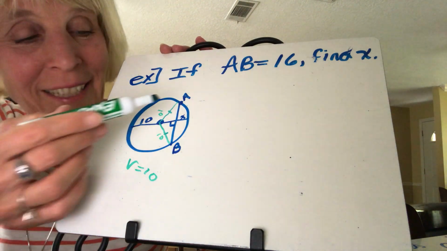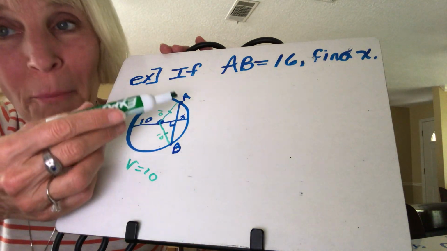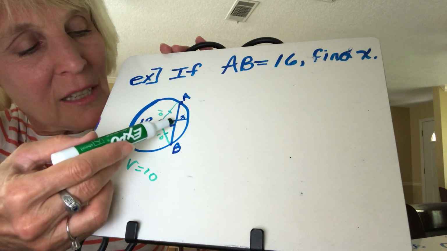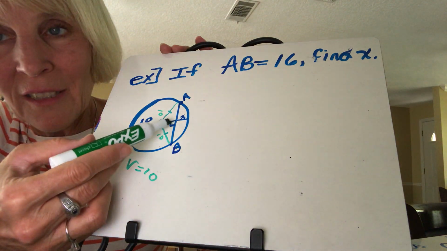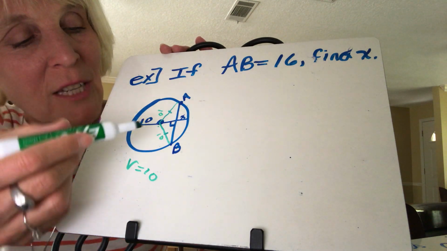Now remember, I didn't say that this AB bisected. AB is a chord. It didn't bisect it. It just simply said, I want this little piece, and I don't know this piece. Okay, but I do know the whole radius. Keep that in mind. So now take a look at it.